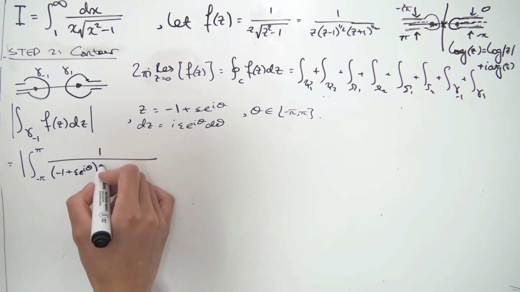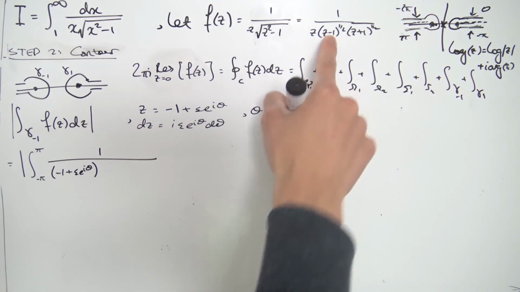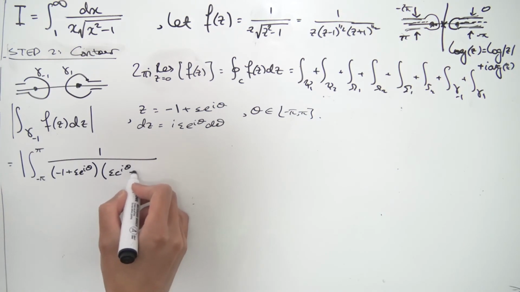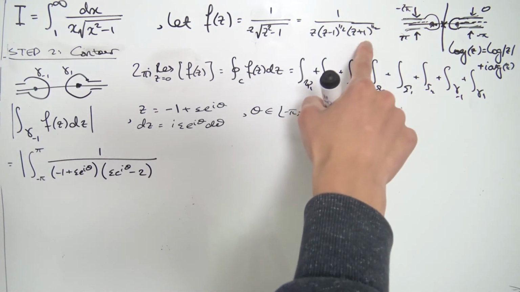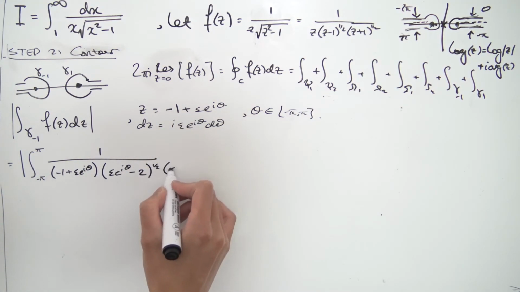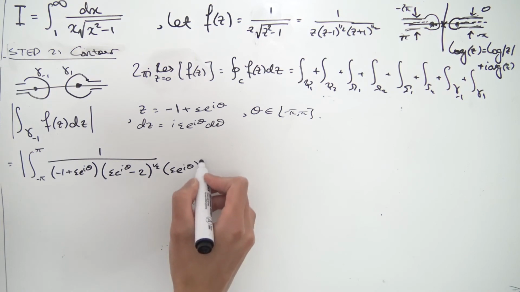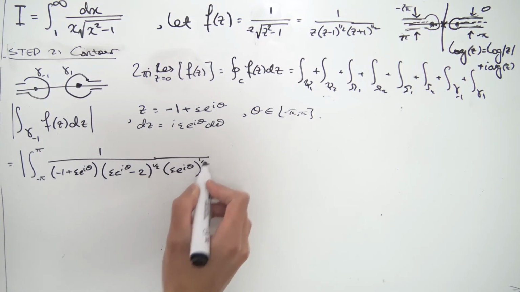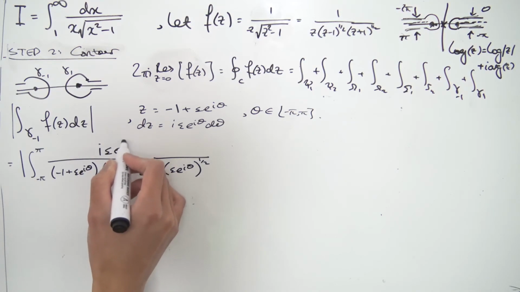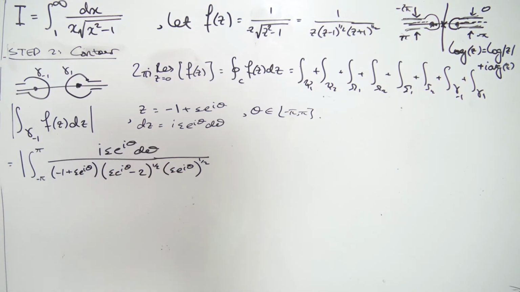Now we have z minus 1, but that's just going to be epsilon e to the i theta minus 2. Then z plus 1, which cancels with this minus 1, which gives us just epsilon e to the i theta, to the 1/2, like so. And dz, that's just going to be i times epsilon e to the i theta d theta.